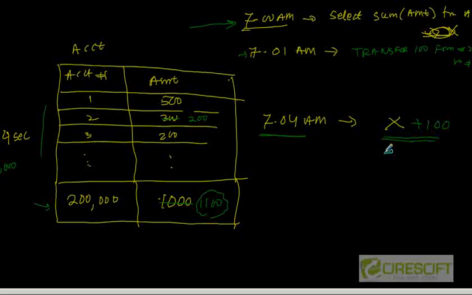Why is this extra $100 coming? Because we have already considered 300 here, and then we are also adding 1100. Had we added 1000, it would have been okay. So this is called a dirty read.